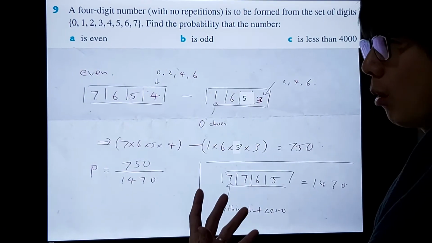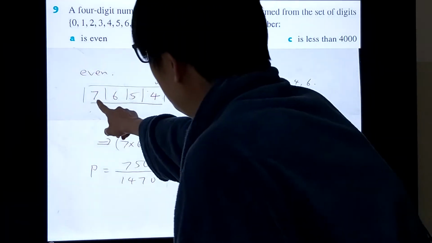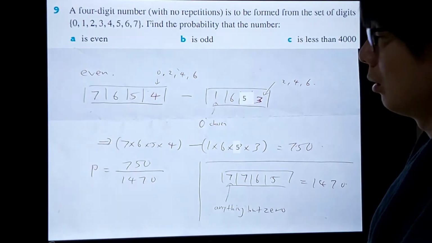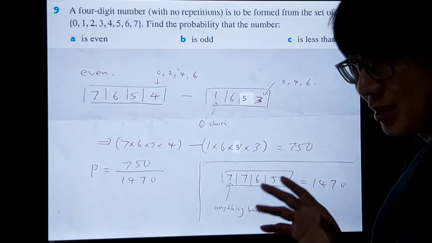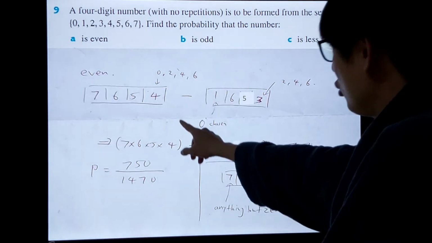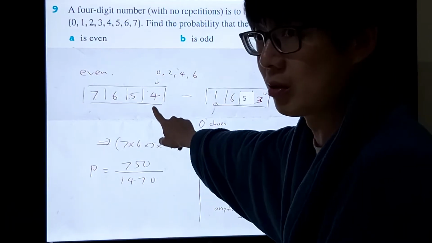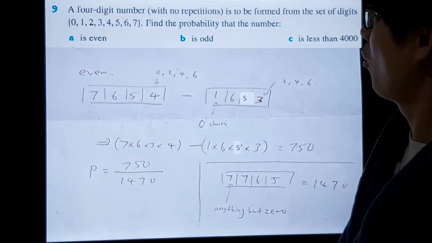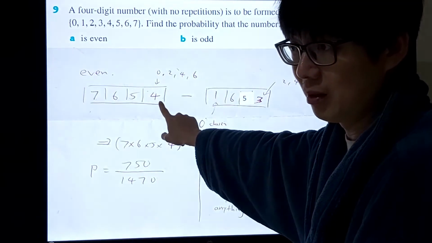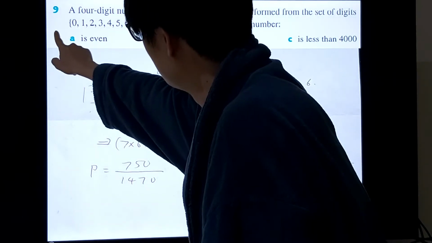Some of you may think, why isn't the first number 6? Because it can't be 0, right? You can't put 6 because there is a chance that you may choose 0 for your last digit. When you have chosen 0 to be your last digit, then you have taken out this possibility.